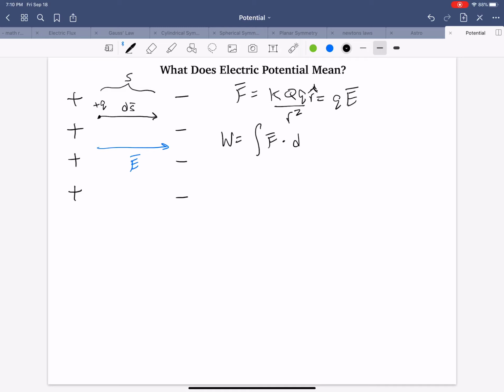In the case that I've drawn, that displacement is s, and this chapter uses s for path length, so I'll stick with s instead of dr or dx like in the past. But this is work, and so the electric field would do this amount of work on a test charge of magnitude q.